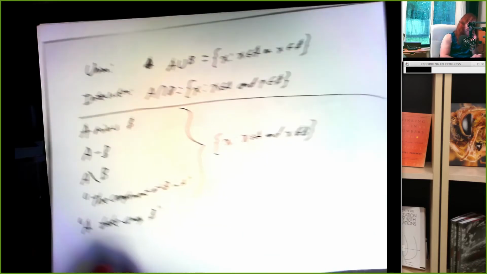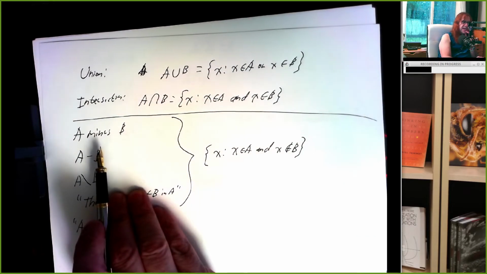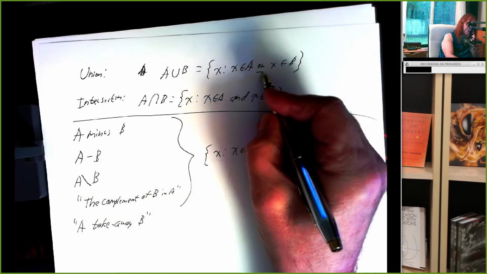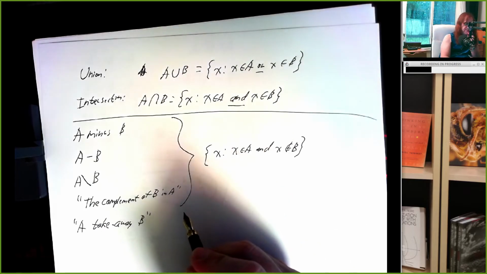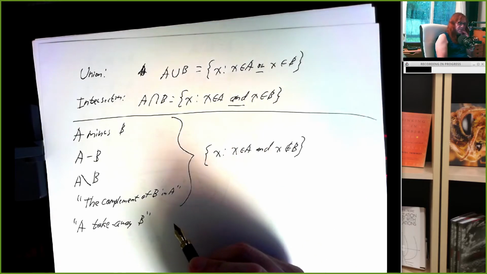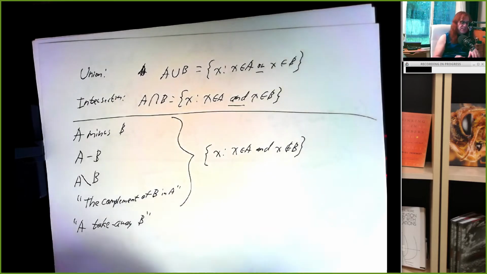And if we go back and look at the definition of union and intersection, the definitions are exactly the same, except for the union we've got an or here, and for an intersection we've got an and here. And that's also not a coincidence. So unions act very much like ORs, and intersections act very much like ANDs.